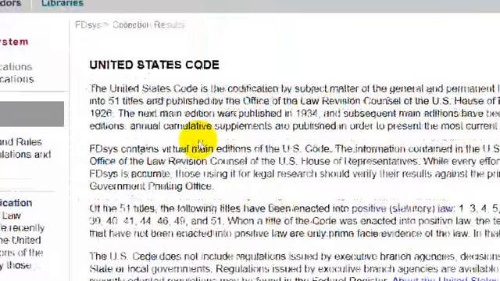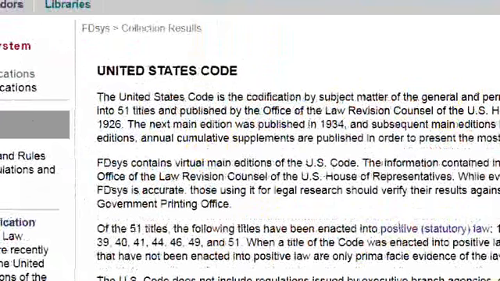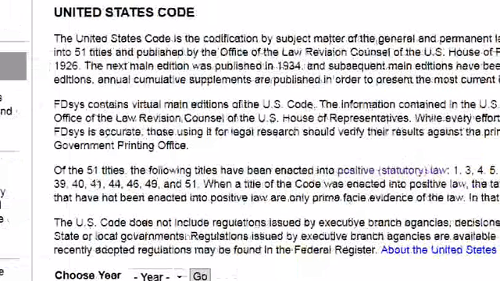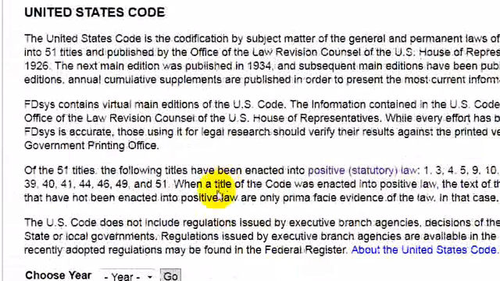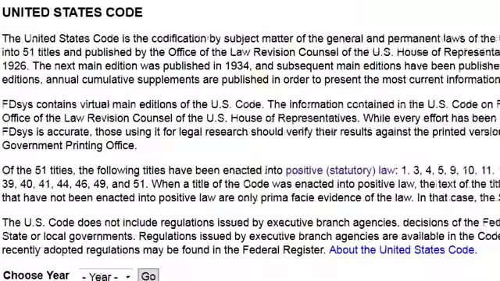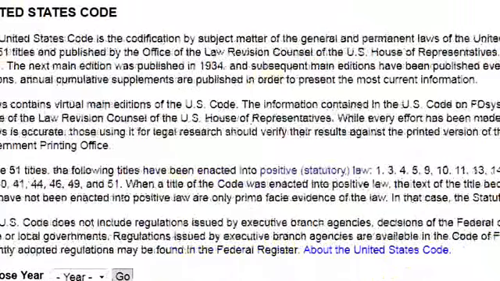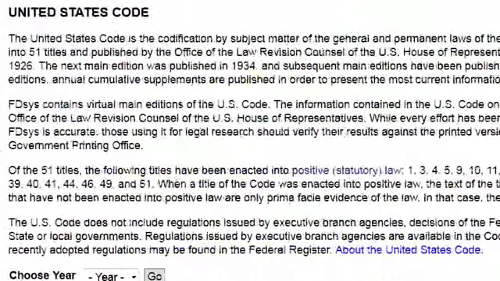Let's make this just a little bit bigger here so we can read it really good. I'm not going to read all of it, but I'll read the first paragraph and then the pertinent information here. The United States Code is the codification by subject matter of the general and permanent laws of the United States. It is divided by broad subjects into titles.